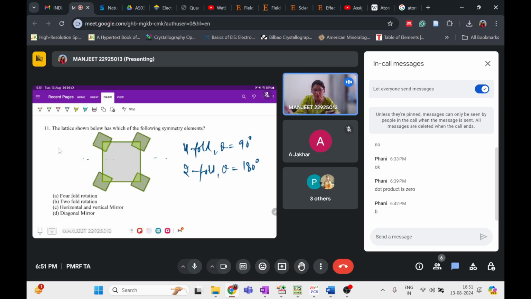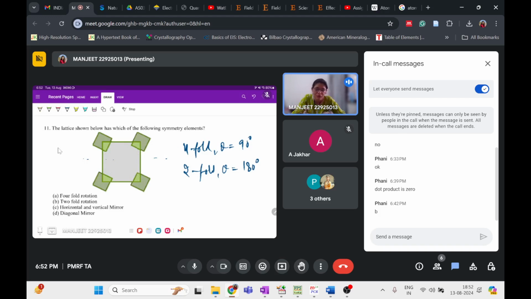Okay, we have discussed this in the earlier part. So you have to tell me for this one, will it be the same for the fourfold rotation, the twofold rotation, the horizontal and vertical mirror, or the diagonal one? For which one will it follow the symmetry?